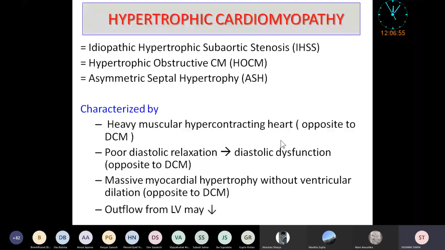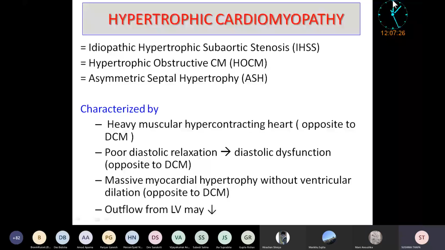But in hypertrophic cardiomyopathy, the heart is contracting more. Okay, it is hypercontracting. But in this case there is poor diastolic relaxation, meaning there is diastolic dysfunction. The heart is hypertrophied and contracting very much, but it cannot relax. Relaxation is denoted by the word diastolic. So there is poor diastolic function.